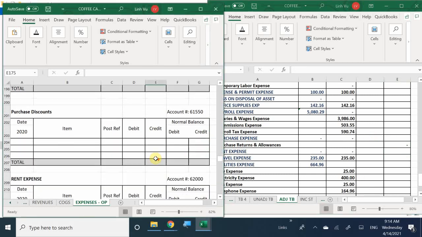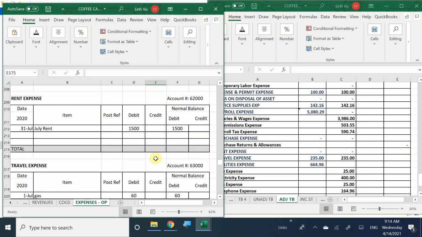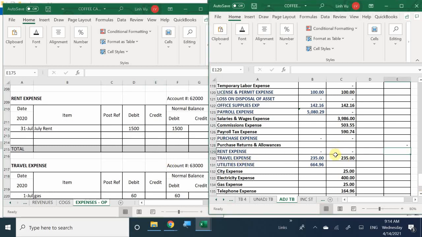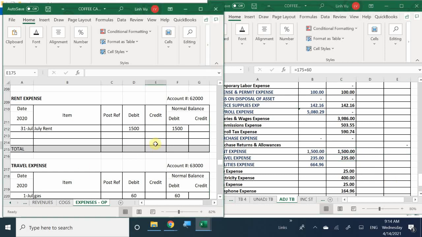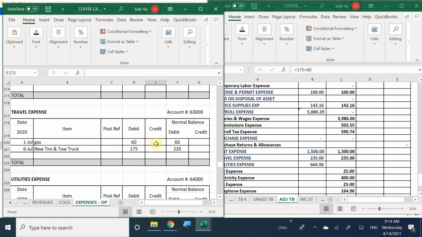All right, next is rent expense. How much is my rent expense? That is 1,500, right? We had to accrue the rent expense for the month of July. Or we need to adjust it because we already paid in advance. And then we have our travel expenses.